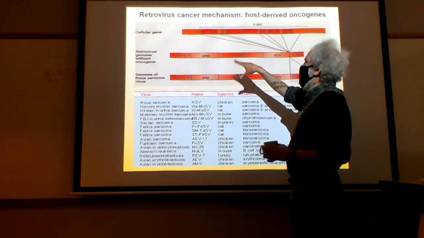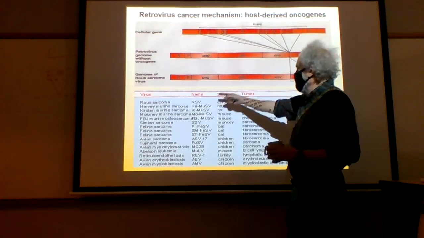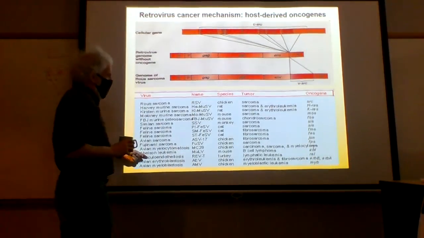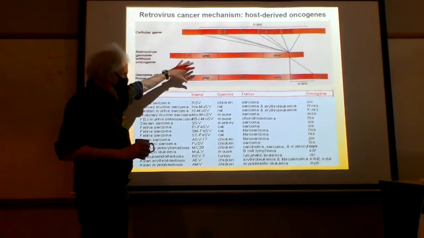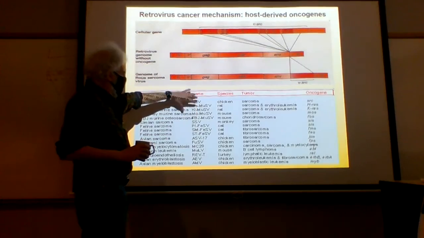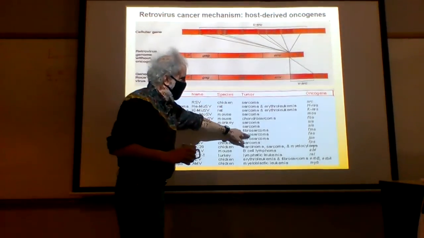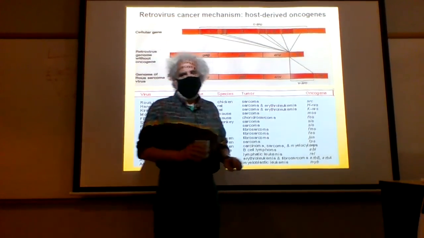All right, we're going to just pick back up on this on Monday, but this is another kind of cancer-causing virus, these retroviruses that we talked about. Here's a list of the viruses, the names, the different species, the kinds of tumors, and the oncogenes that they have picked up and mutated.